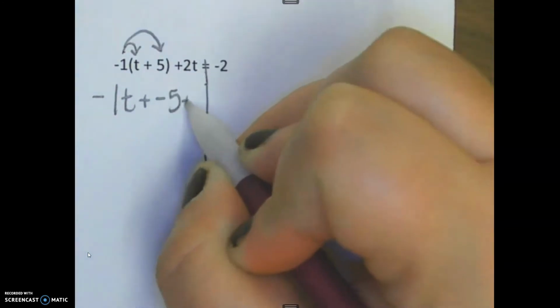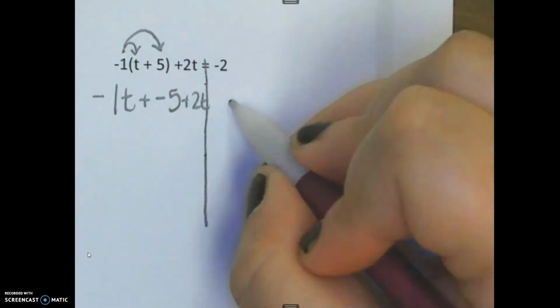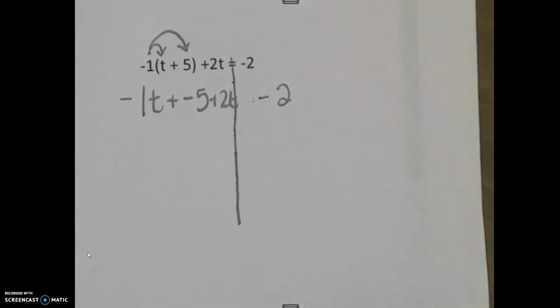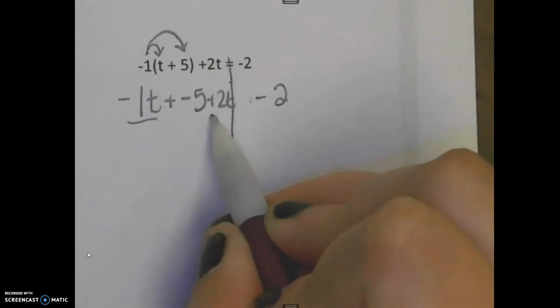All right, next one. Do I have parentheses? Yes, I always start with the parentheses first. Negative 1t plus negative 5. I didn't get to use that plus 2t, so I'm going to bring it down. I don't have parentheses anymore, but I do have multiple t's on one side.